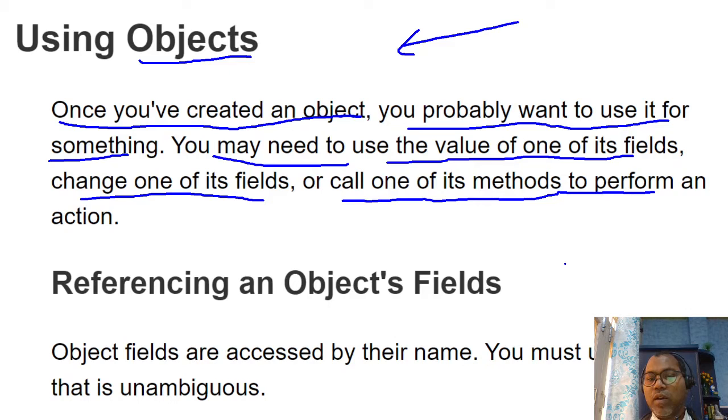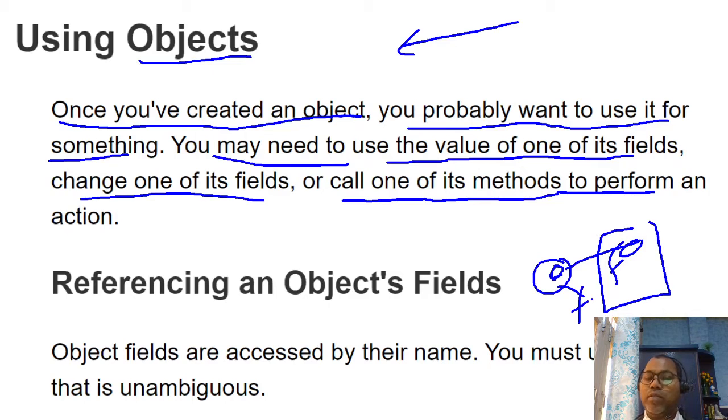So whenever you have created an object, at that time what you can do is access the object's fields, and it also defines some behavior. From this object you can access a particular field, or invoke a particular method as well. Let's say I want to access the particular fields x and y.